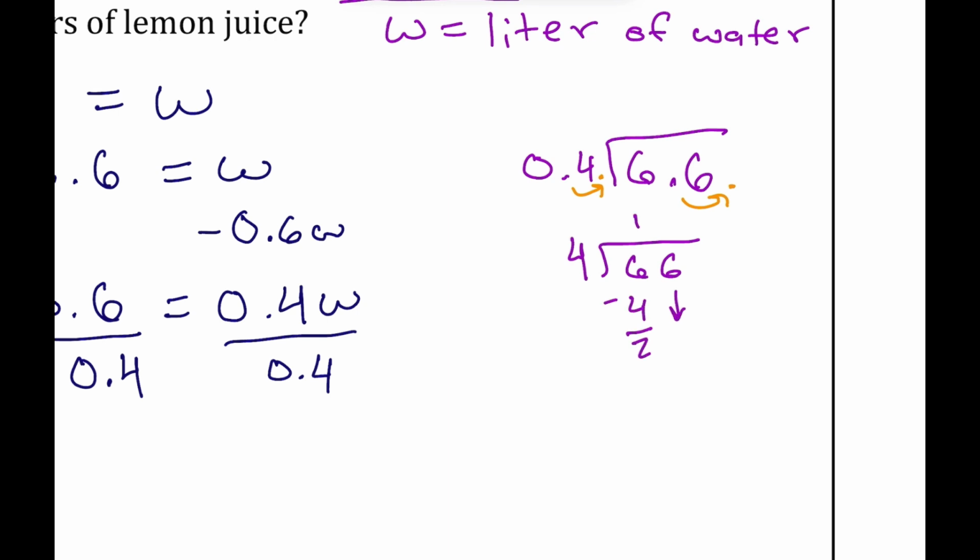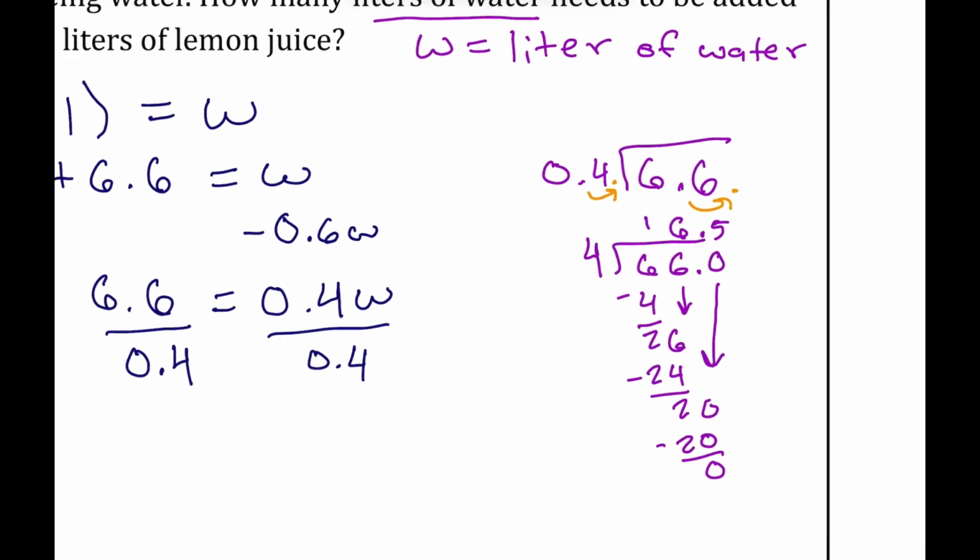Bring down the 6. 4 goes into 26 6 times. 6 times 4 is 24. When we subtract, we get a remainder of 2, so we're going to want to figure out what our decimal answer is. So we'll bring down a 0. 4 goes into 20 5 times. And now we have no remainder, so our final answer here is 16.5.